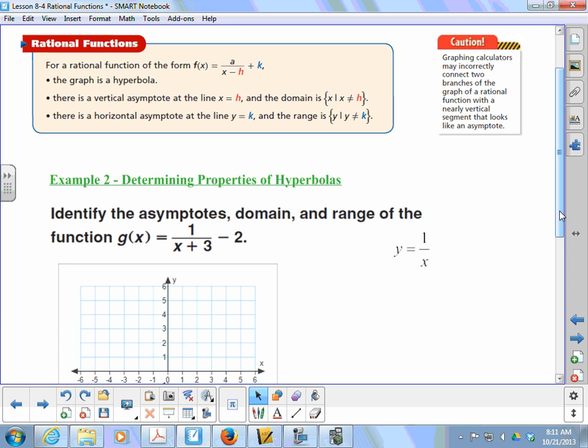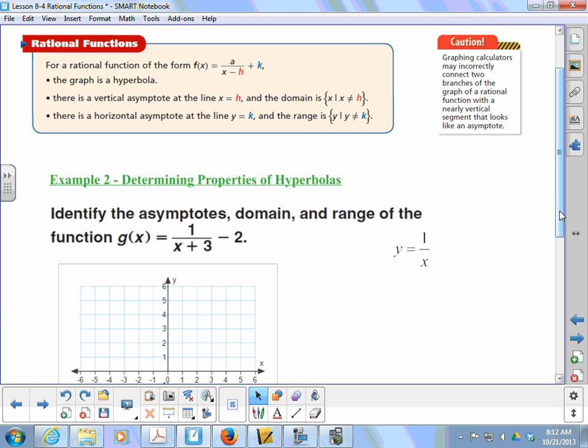So you're going to want to add on that same line there at the top: domain x cannot equal h. And then it says there's a horizontal asymptote at y equals k, and the range y is not equal to k. So you're going to want to add the domain part and the range part in there on your sheet.